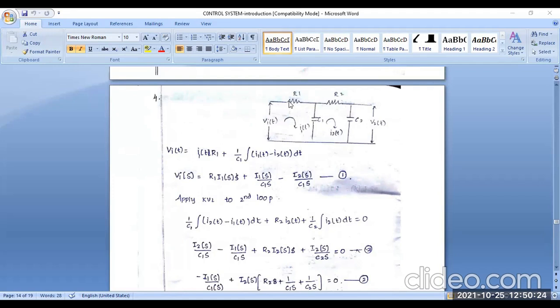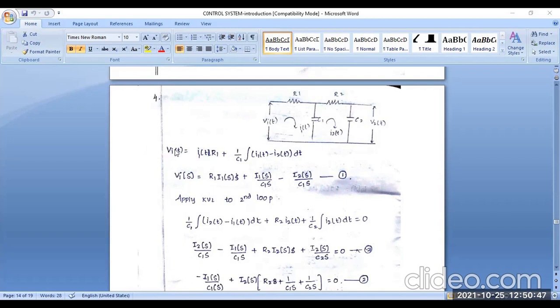This is the first network, that is R1 and C1. This is the capacitor C1. This is the capacitor C2. This is the first network circuit. This is the second network circuit. Finally, we give the input, then finally you receive the output from here. So you can easily input it.